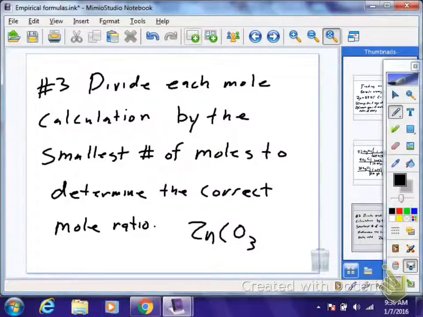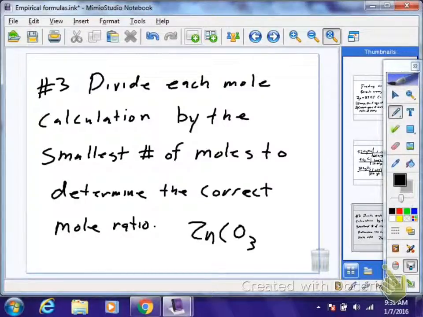Okay, I'm going to have you do one where it doesn't come out nice and tidy, but at least you can do the first 3 steps, and I can show you step 4 if it does not come out nice and tidy like the 1, 1, 3 did. Sometimes you have to do one more thing to make it correct, and that'll include a 4th step. A lot of times you'll stop at 3 and you'll have your ratio.